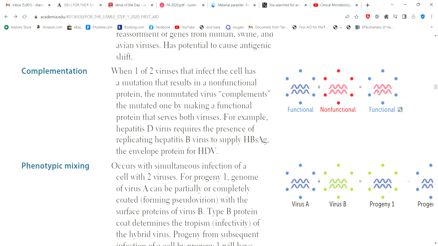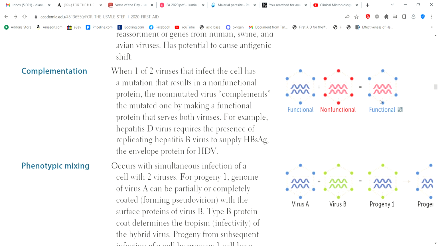So in our body, the functional one would be hepatitis B. This would be hepatitis D. And now hepatitis D would be functional because it has hepatitis B protecting it. So what they're saying is you need hepatitis B virus to be infected with hepatitis D virus.